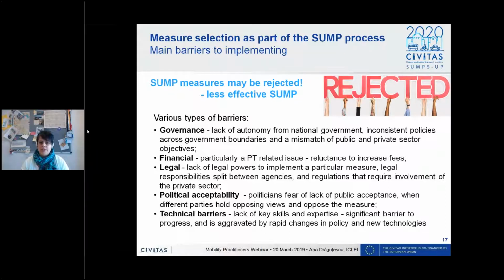There's obviously political acceptability, which is always an issue that we have to face. Politicians fear a lack of public acceptance, so sometimes they just reject the measure from the start because they could become less popular by implementing it. Or there are technical barriers, where the simple lack of skills and expertise could be a very important barrier.